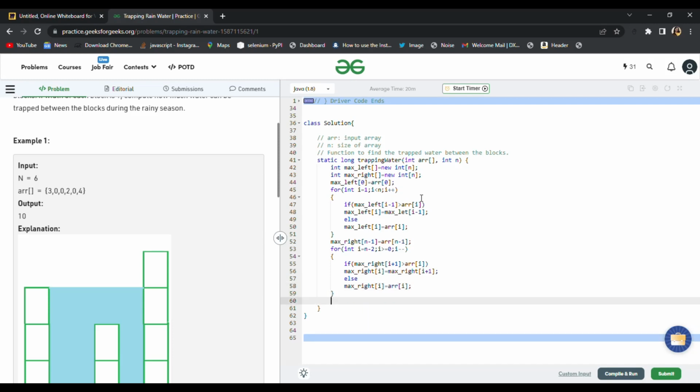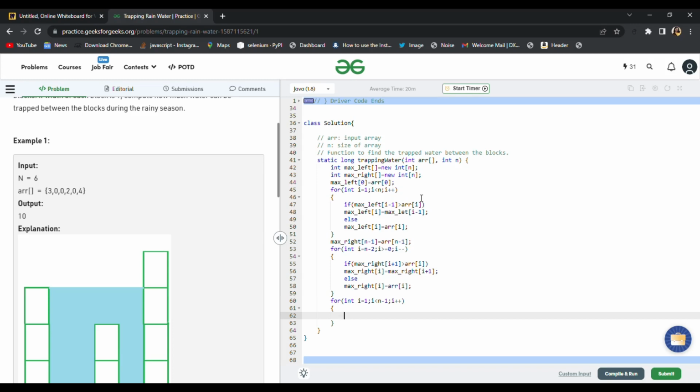Okay, so now as both the arrays are completed, we now have the list of all the left boundaries and the right boundaries of all the blocks. So now we'll proceed with the processing. For that, what do we need to do? We need to take a loop which will run from the first index till the last but one index.